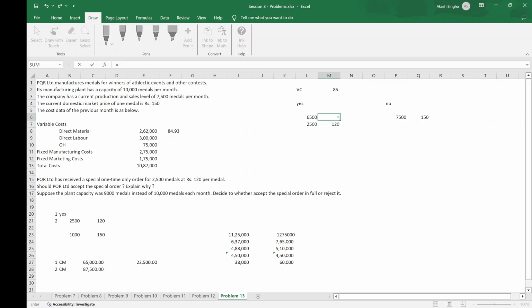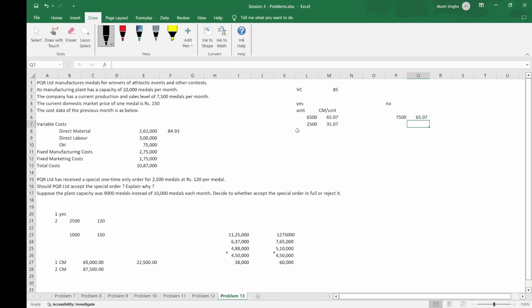So per unit, what will be the contribution margin? 150 minus the variable cost, 65.07. And for the 2500, it will be 120 minus the variable cost. So this will be the contribution margin per unit.